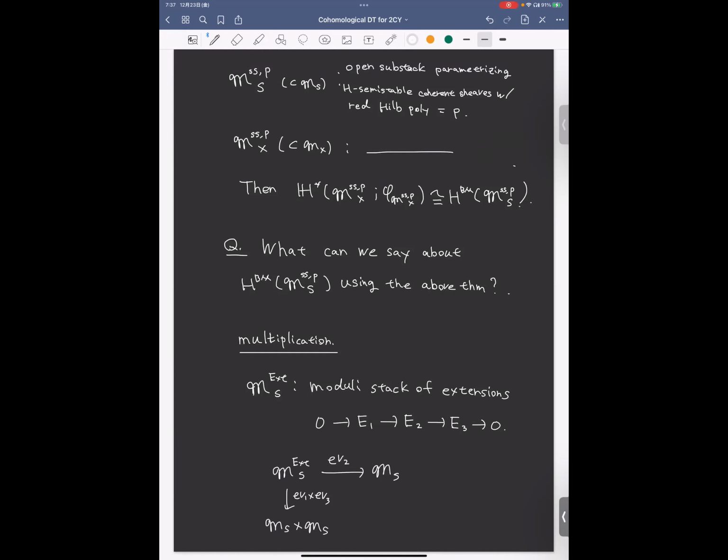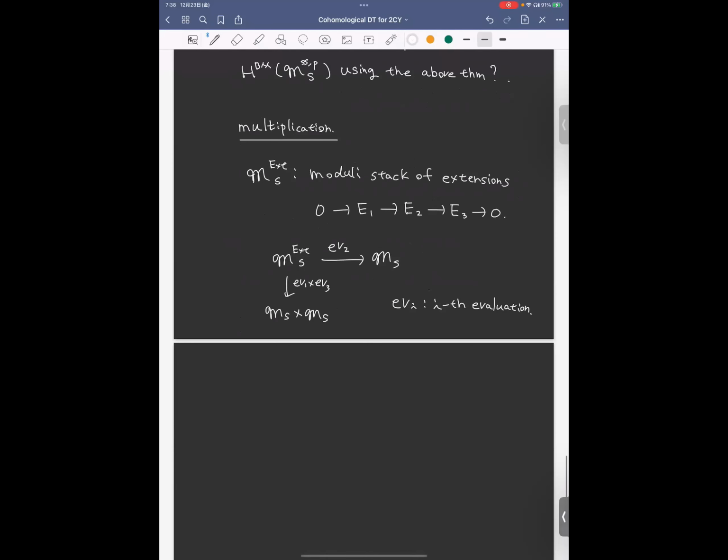Here, sorry, EV_i denotes the i-th evaluation map.